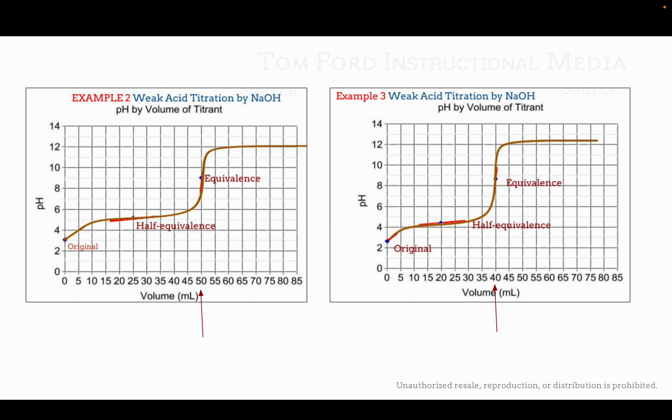But in reality, the amount of base needed depends on the concentration and on the volume of that acid solution, not necessarily its strength. The strength of a weak acid, as measured by K sub A, affects the shape of the titration curve, but not the total moles of base needed to neutralize it.